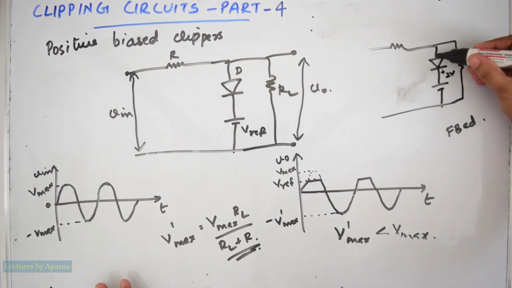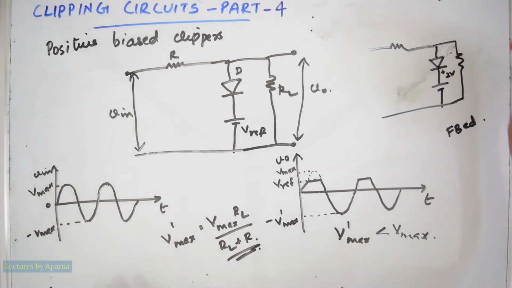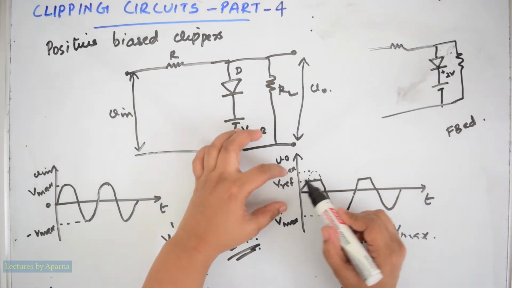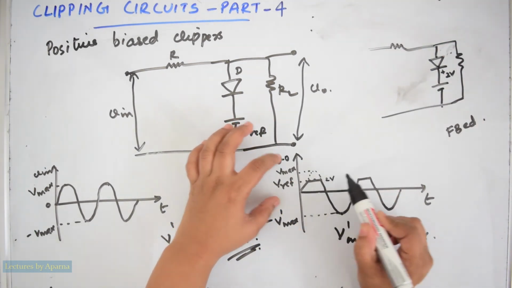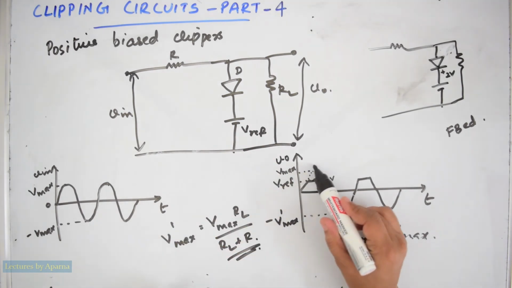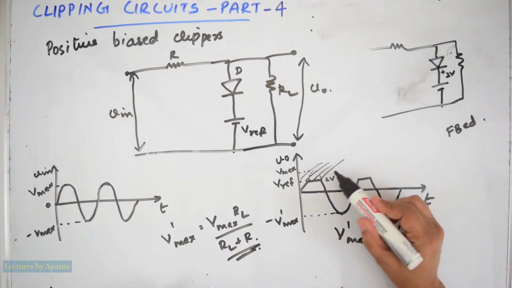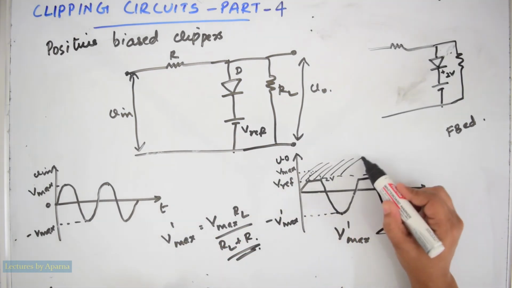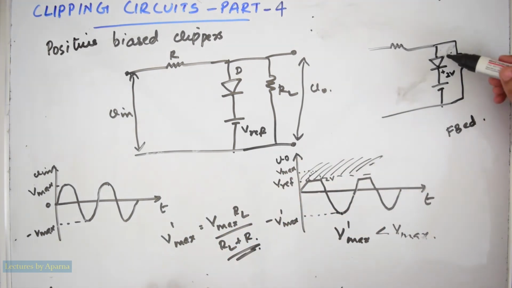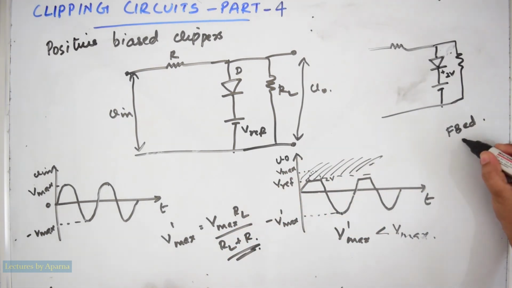The voltage at the anode should be more positive than this plus 2 volt. That is, the voltage here should become either 2.5, 3 volt, like that. For regions which are greater than this 2 volt, in those areas this diode will be forward biased.